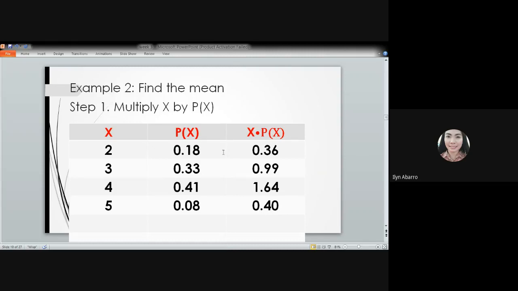Okay? You can double check your answers by multiplying the variable x and the probability of the random variable x. Yan. Multiply mo lang sila. Okay, let us proceed.